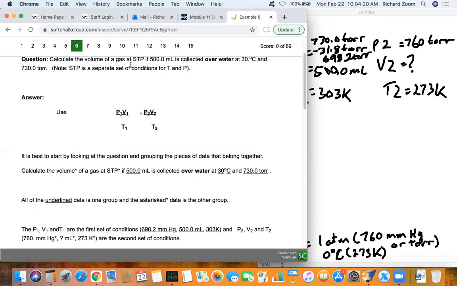Okay, that makes sense. But to answer your question, the fact that it says volume of a gas at STP means all of those things are together. And I've just made it P2, V2, and T2 because I want to be consistent with that. Okay, so STP is the 1 atmosphere with 0 degrees Celsius, the standard temperature and pressure for anything, right? Anything, yeah. So we talk about molar volume at STP. That's the STP we're talking about. It defines the pressure and the temperature. Okay.